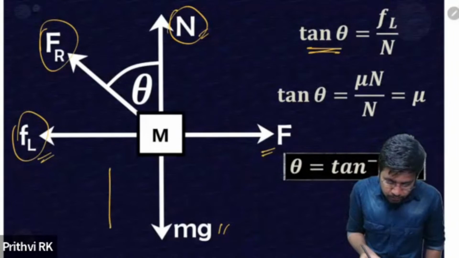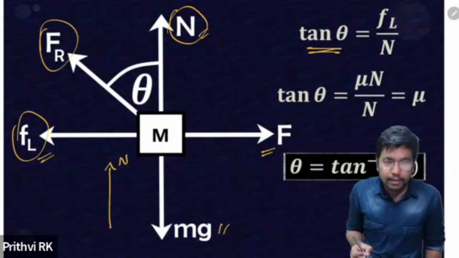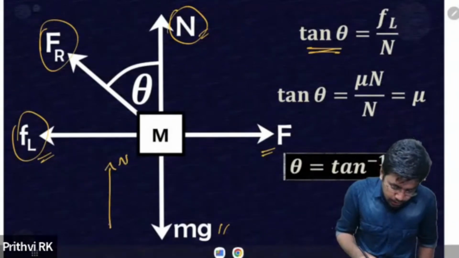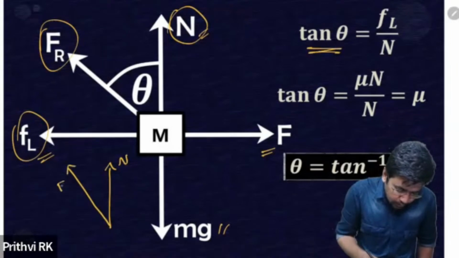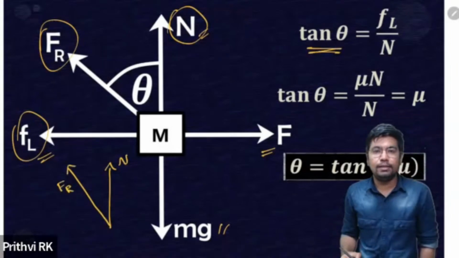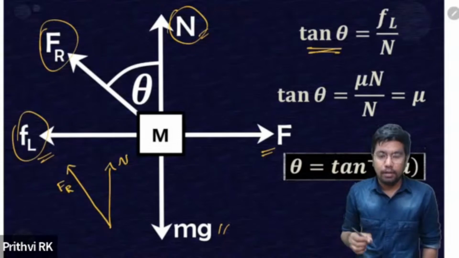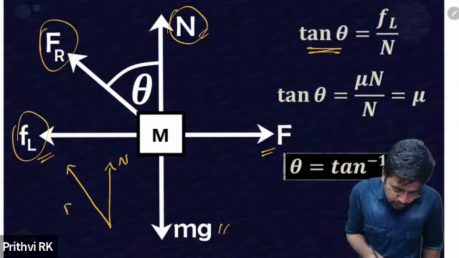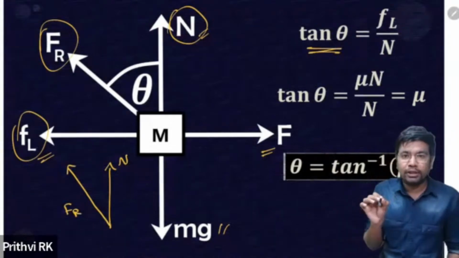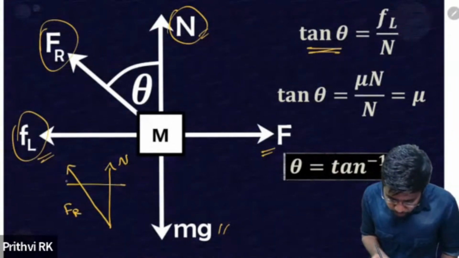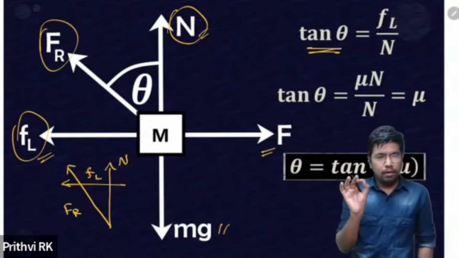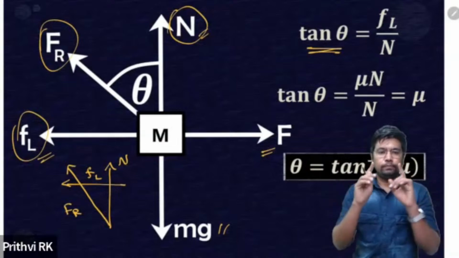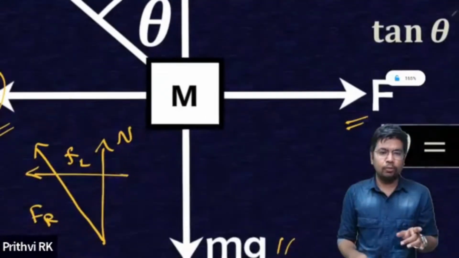See here, N is acting upward, and FR, the resultant, is acting in this direction. Now something new: the frictional force FL. I'm going to put it like this, FL, in the smaller diagram I have put up.